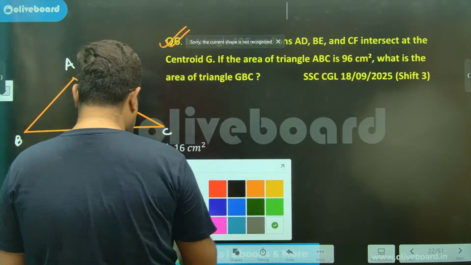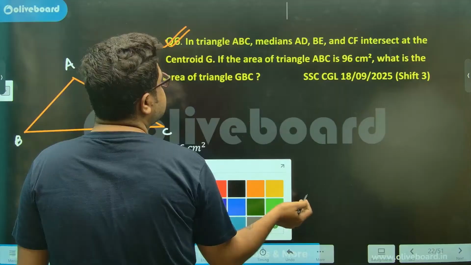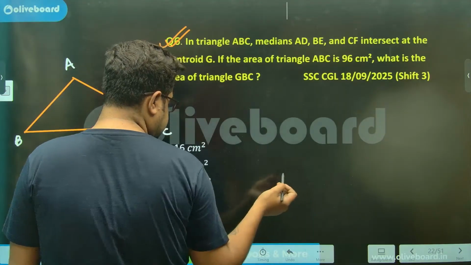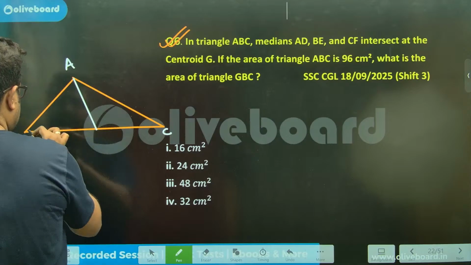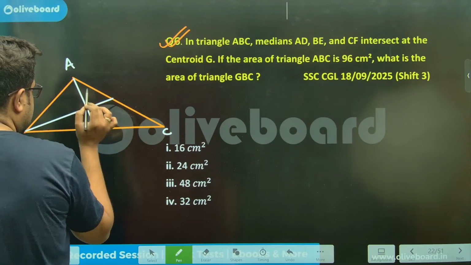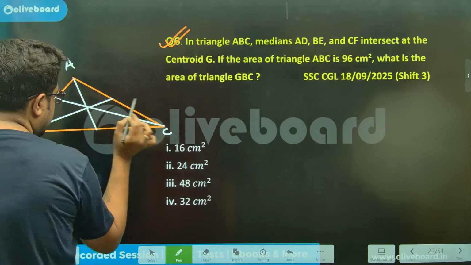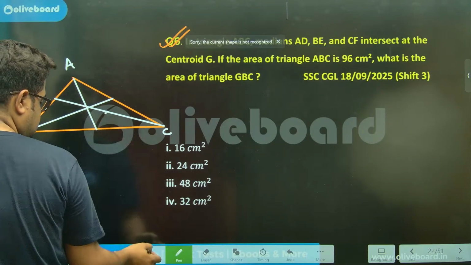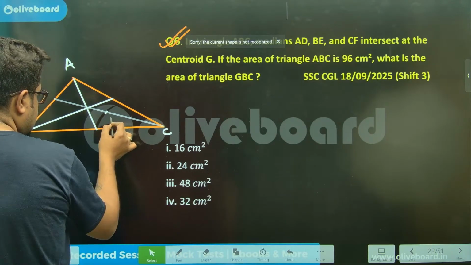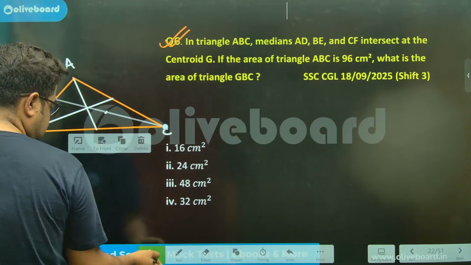Now, what happens is AD, BE, and CF are the medians.